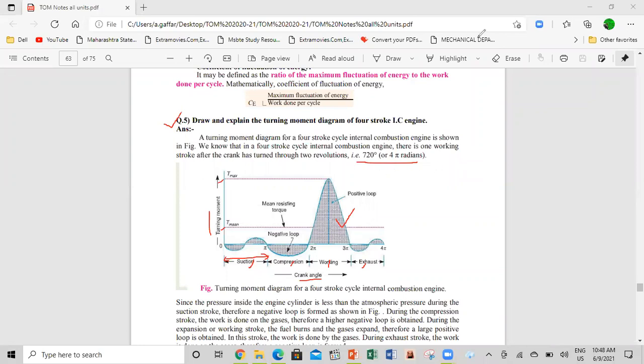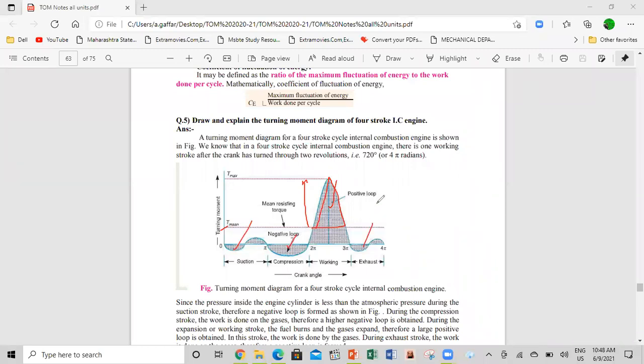Yes, sir. Okay, so this is the mean torque line. Above this mean torque line, extra power is generated in this stroke, and this power is stored in the flywheel. Okay, and this extra power is supplied to perform the remaining three strokes: suction, compression, and exhaust.